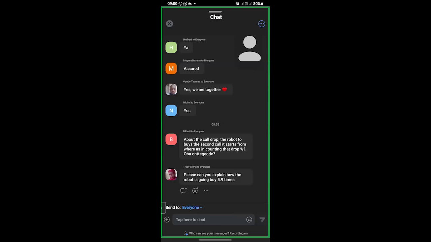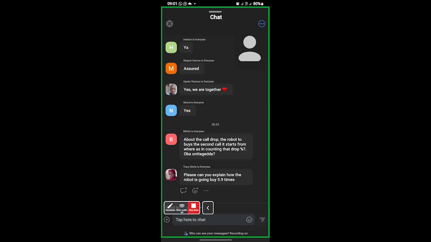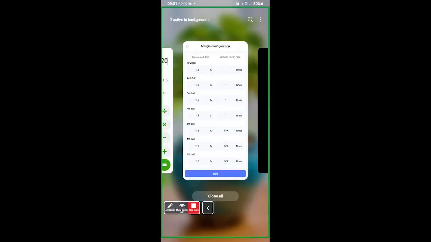The question is about the robot buying the second call, where does it start counting that drop from. This is how it is. Like if I instruct the bot to buy, let me explain to you with the trading.